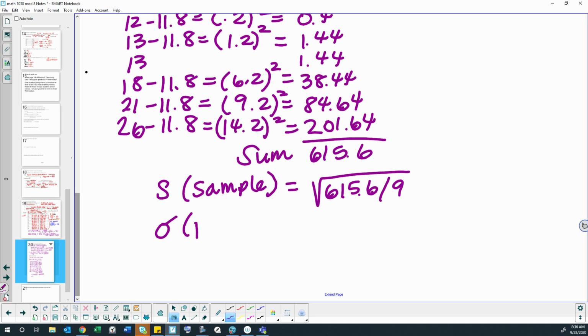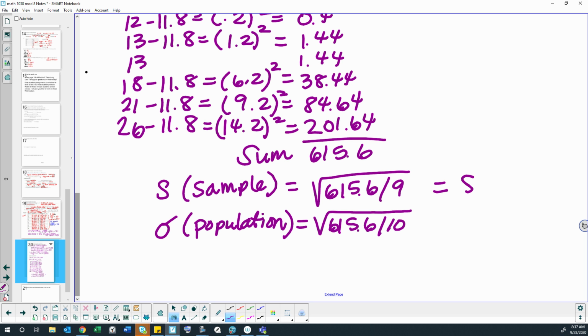Or we use sigma for the entire population, which would be 615.6 divided by 10, square root of that. So I calculated this square root as 8.27. But the other one I didn't calculate yet. Let me do that. So it would be 61.56 and then square root that, right?